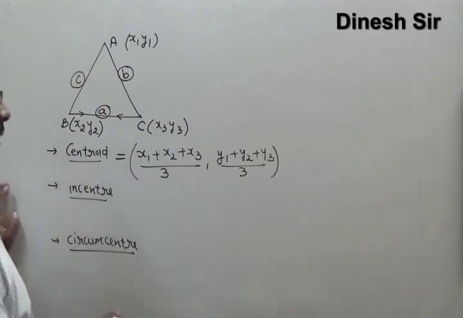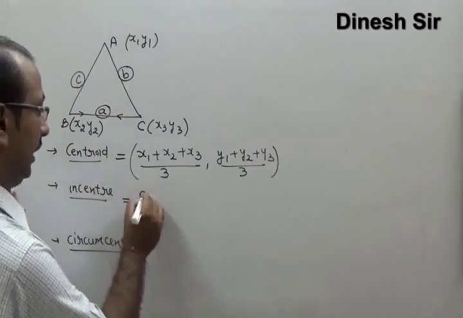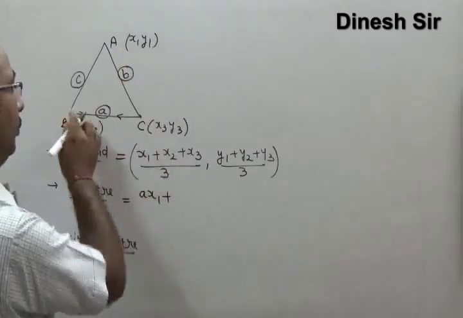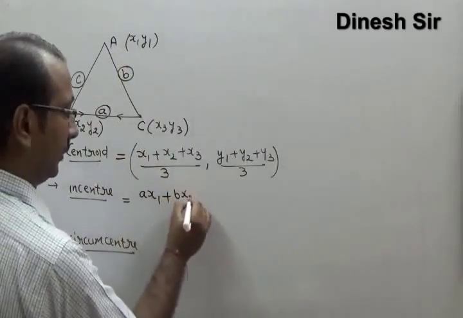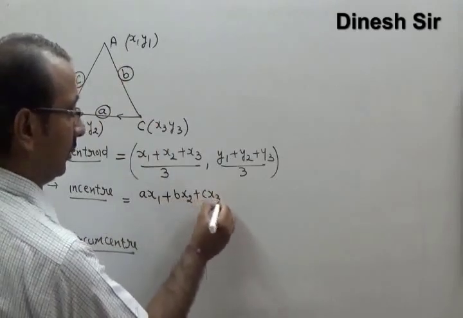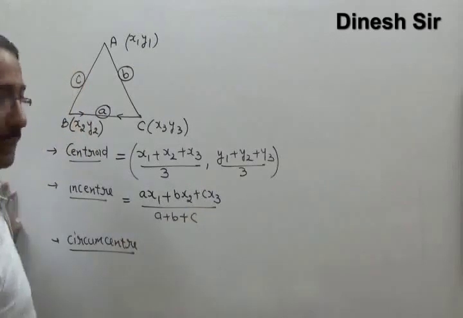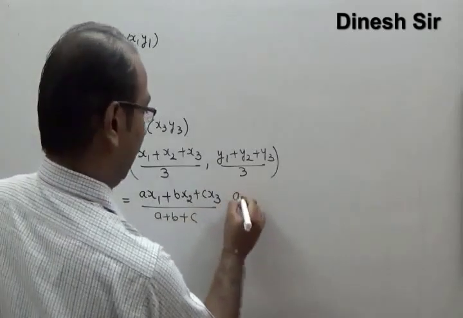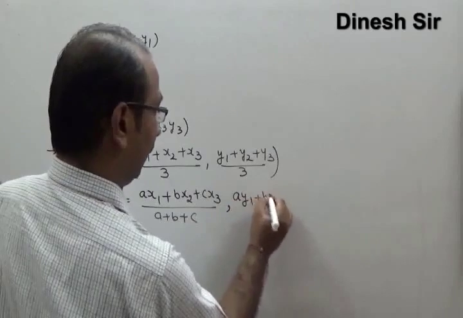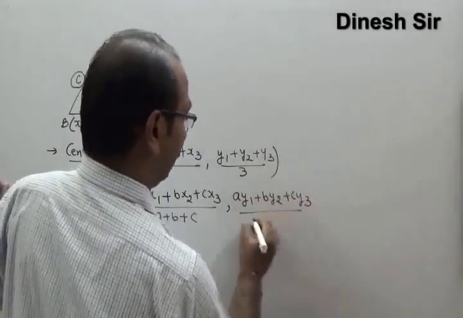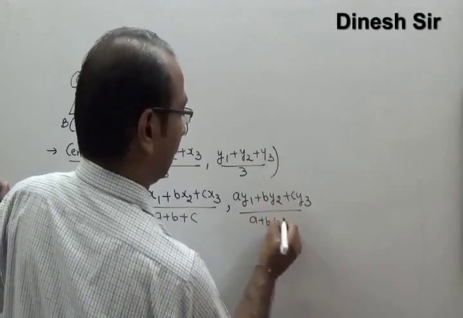Now the coordinates of the incenter: for the abscissa, a x1 plus b x2 plus c x3 upon a plus b plus c, comma, a y1 plus b y2 plus c y3 upon a plus b plus c.